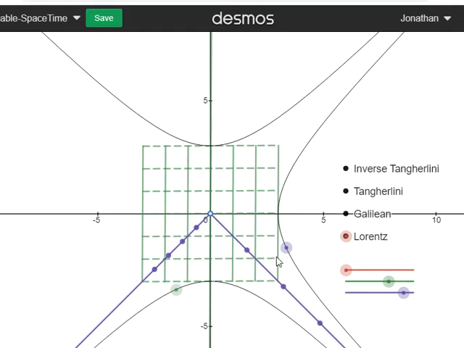And now I'm going to look at where this event has moved. You'll notice that it has moved both in space and time, but the ratio we're actually interested in is the space versus space, the horizontal coordinate.